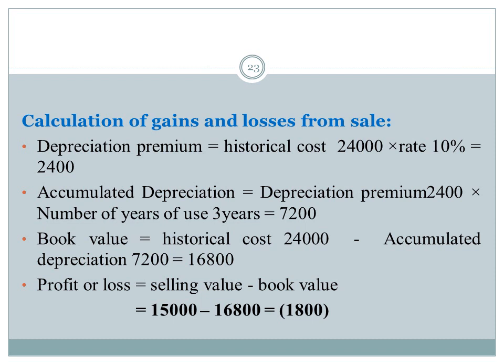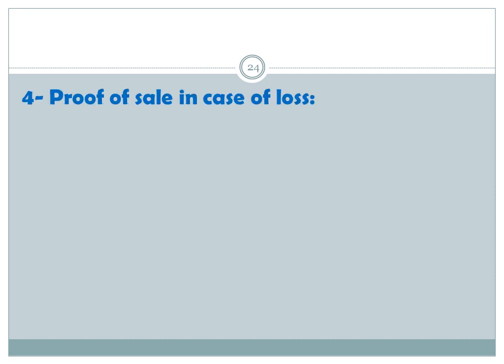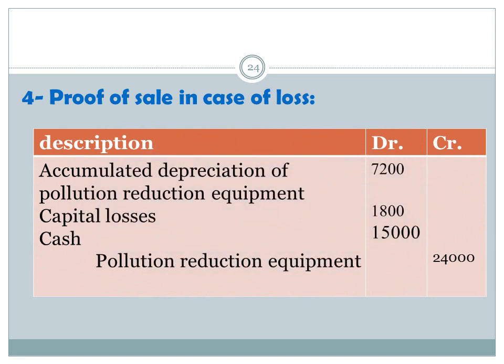How can we record the losses in the journal and how do we close these losses in the financial statements? In case of losses, there are 4 accounts. 3 will be in the debit side, 1 will be in the credit side.